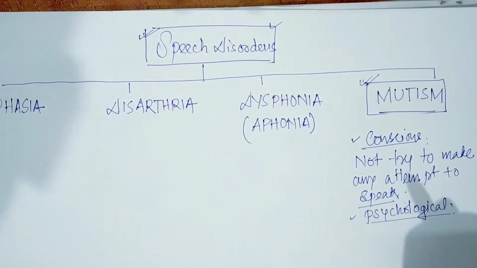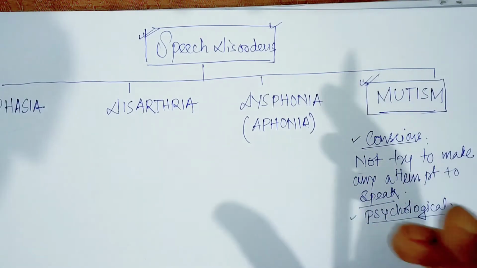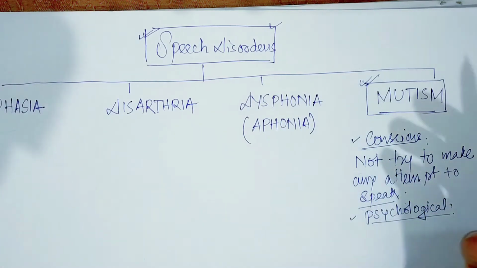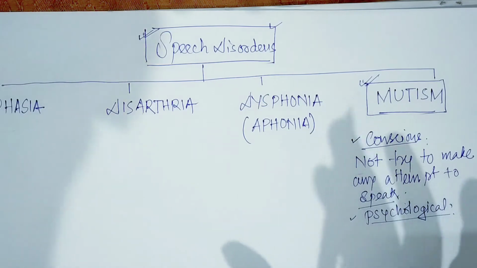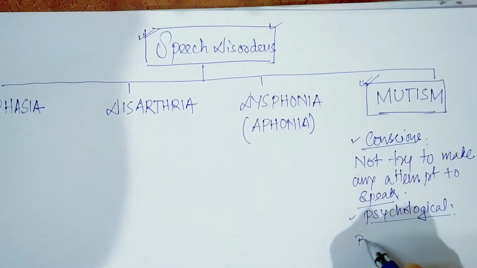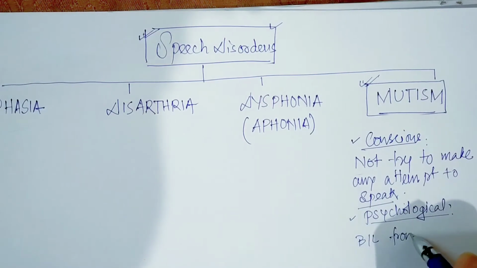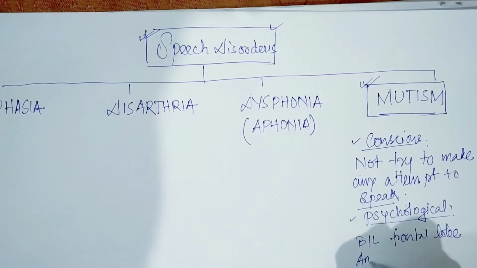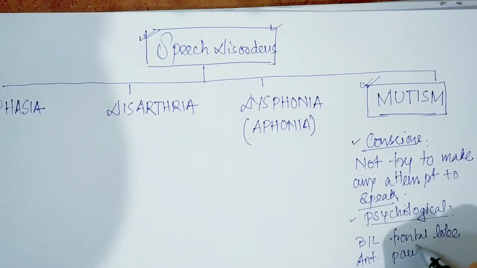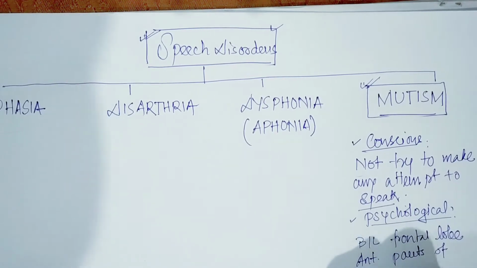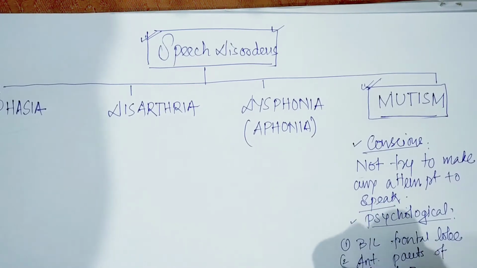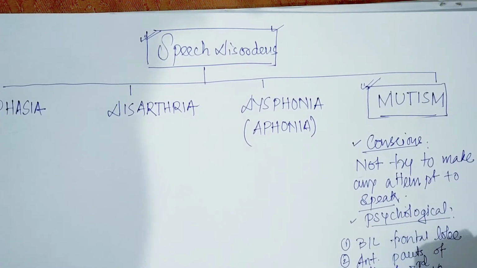This is a psychological disorder, sometimes due to bilateral frontal lobe problems, and the problems may be in the anterior parts of the walls of the third ventricle.